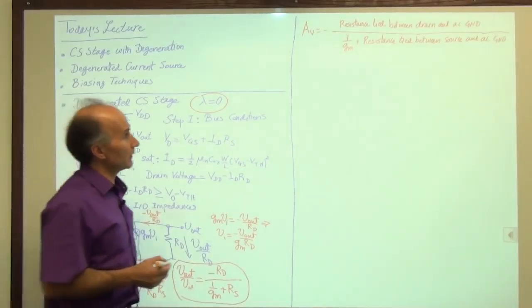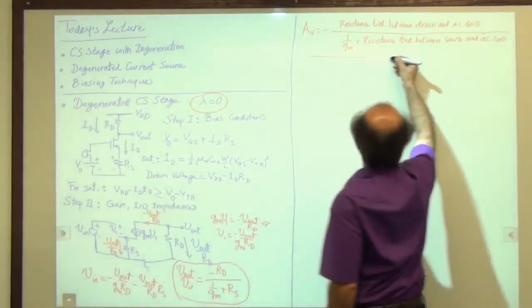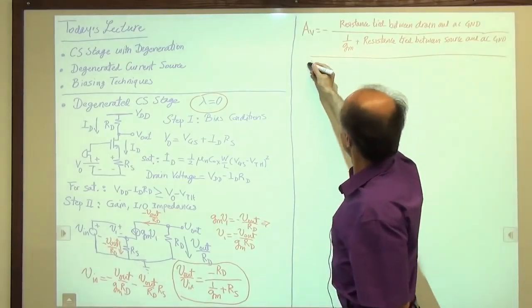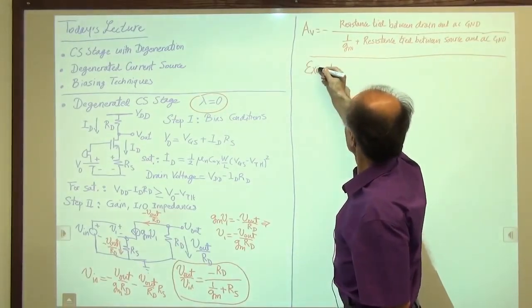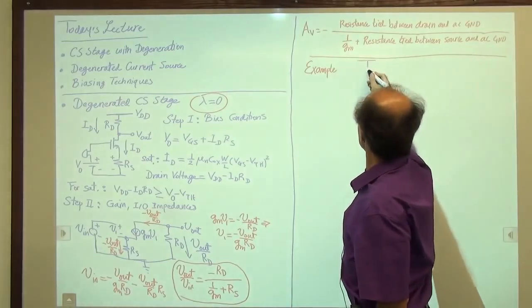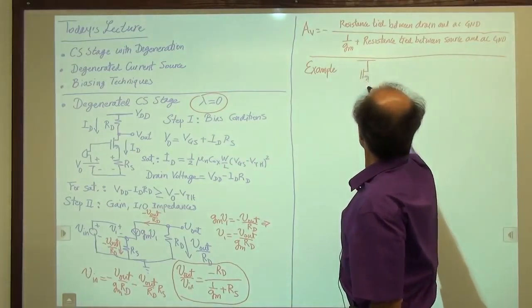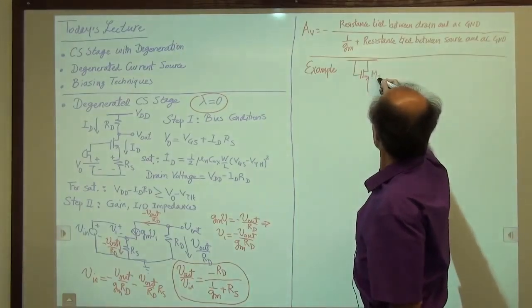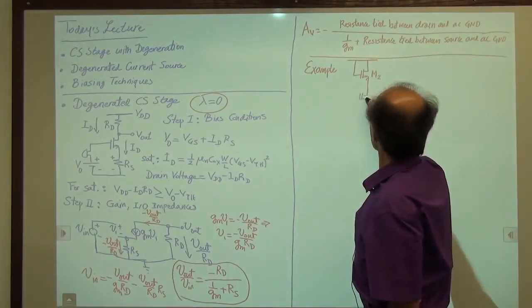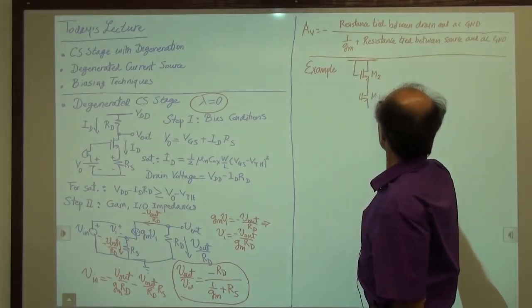Okay, so let's look at an example and see how we can use these results. So I have a little circuit here that I cooked up for you. Here's a diode connected load, call it M2. Here's an amplifying device, call it M1.